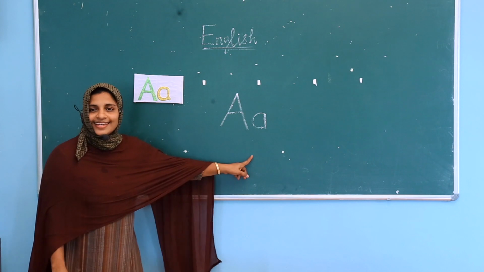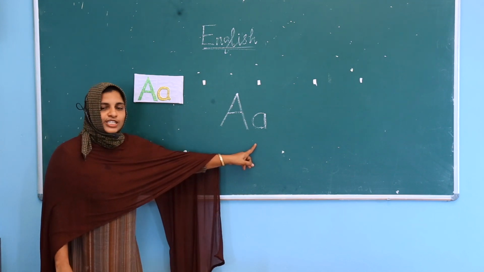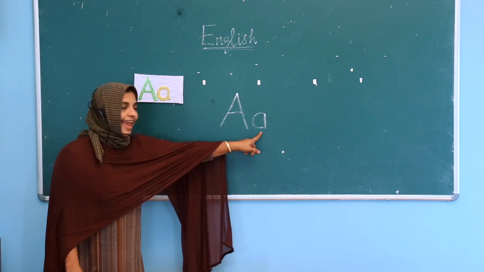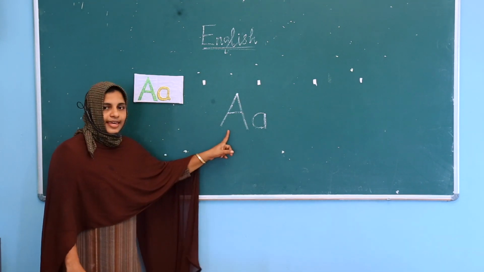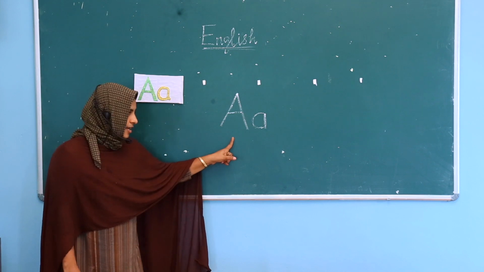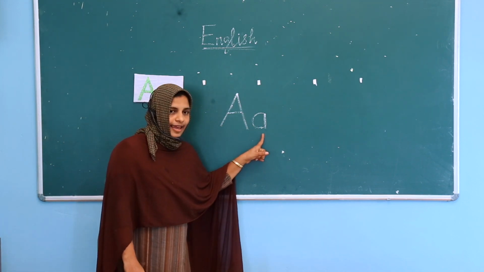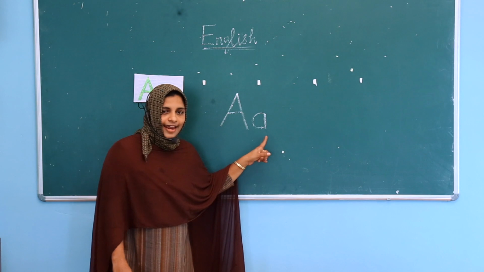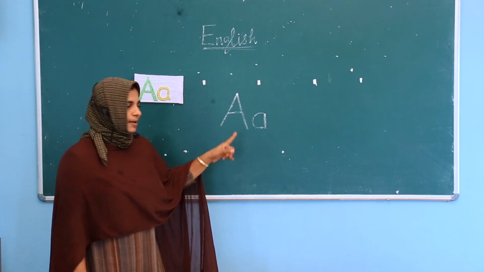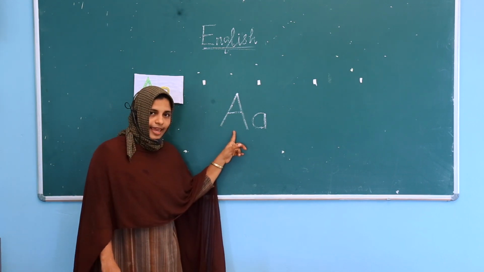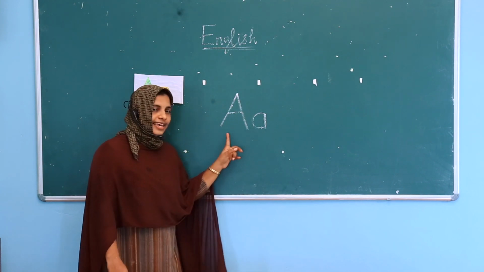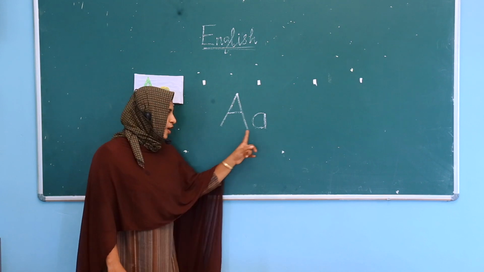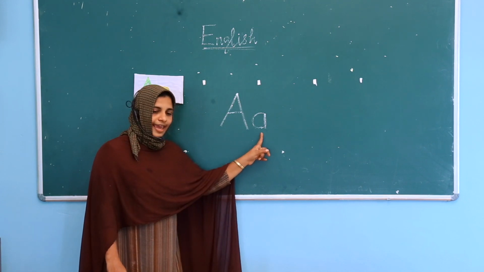Now it is small letter A. Capital letter A. Small letter A. Did you understand? Say with me. Capital letter A. Small letter A.